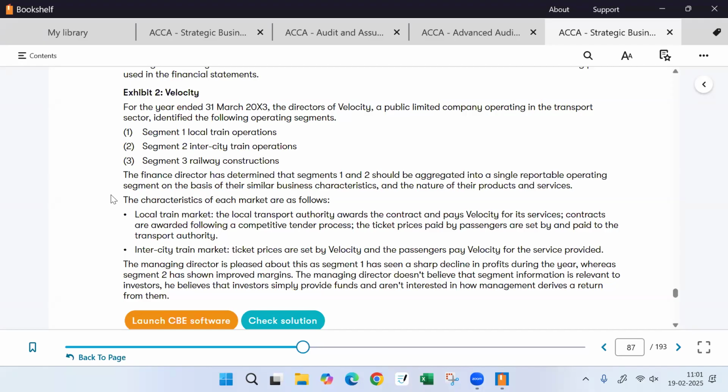This can only be done if operating segments have similar characteristics. Clear? And management has a choice whether they want to aggregate or not. It's not mandatory that they have to aggregate. They have a choice. Correct? So based on useful information, they can aggregate. Right? But the question is: segment 1 and segment 2, are they in a similar line of business?